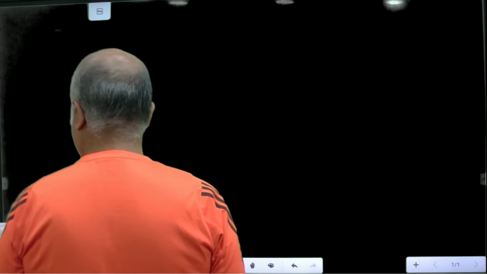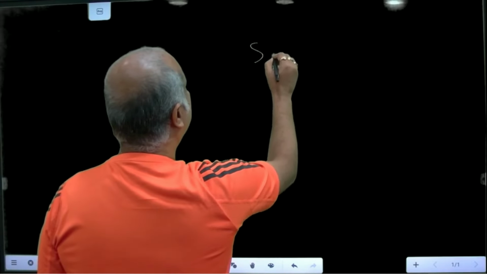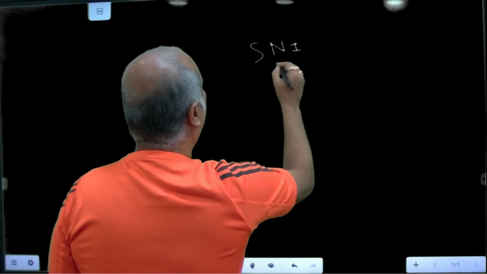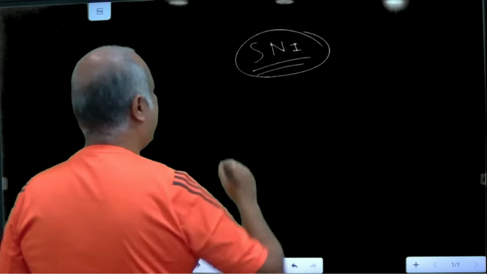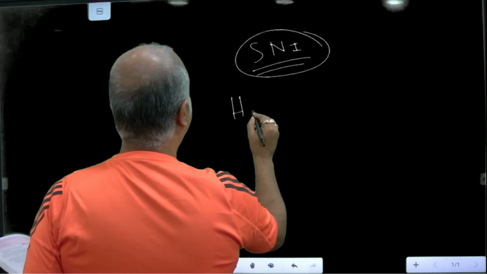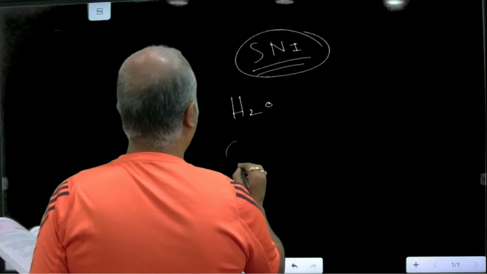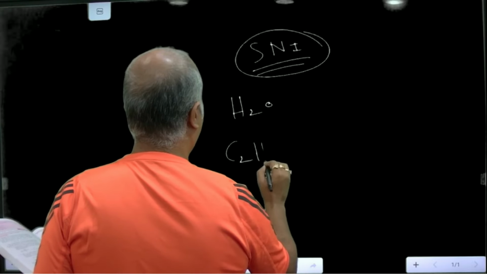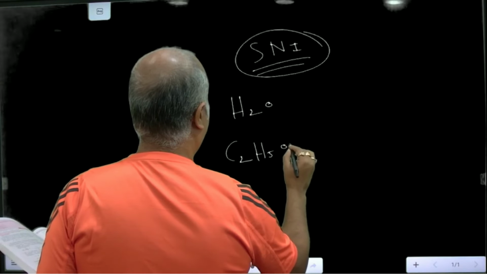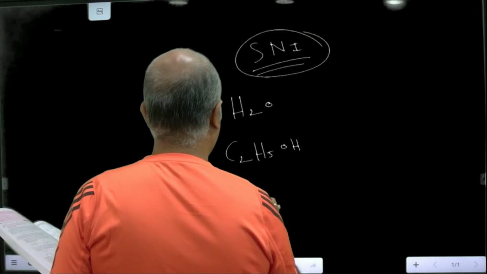Polar solvent always increases the SN1 reaction, like water, like alcohol, like ammonia.